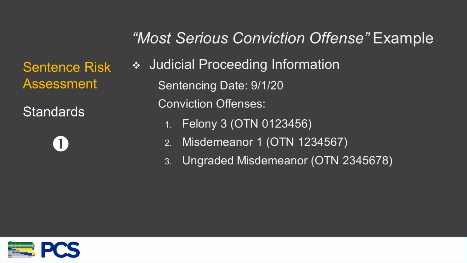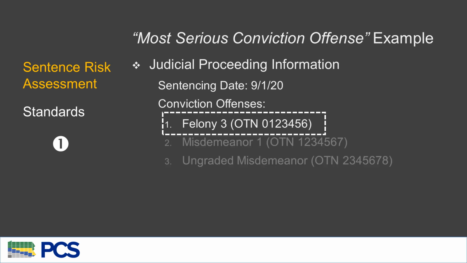As you can see, the grading of the offenses varies from the least serious being an ungraded misdemeanor and the most serious being a felony 3. As we have indicated, the sentence risk assessment will be calculated based on the most serious conviction offense in the judicial proceeding. In this scenario, the assessment would be generated based on the felony 3 conviction.